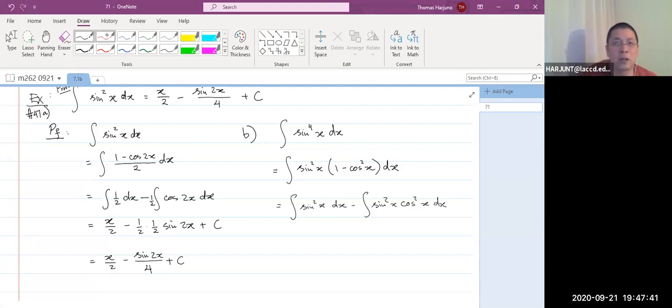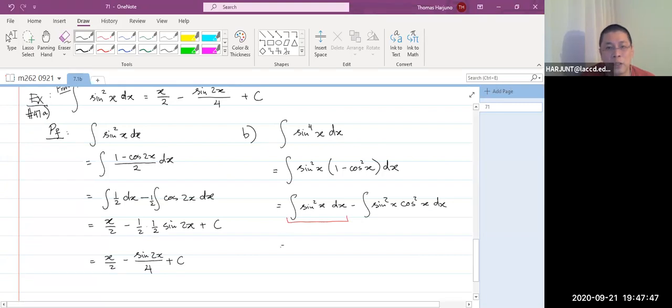Now, this part here is already done. We get that equals x over 2 minus sine 2x over 4 plus constant. But I still have an integral, so I don't need it.